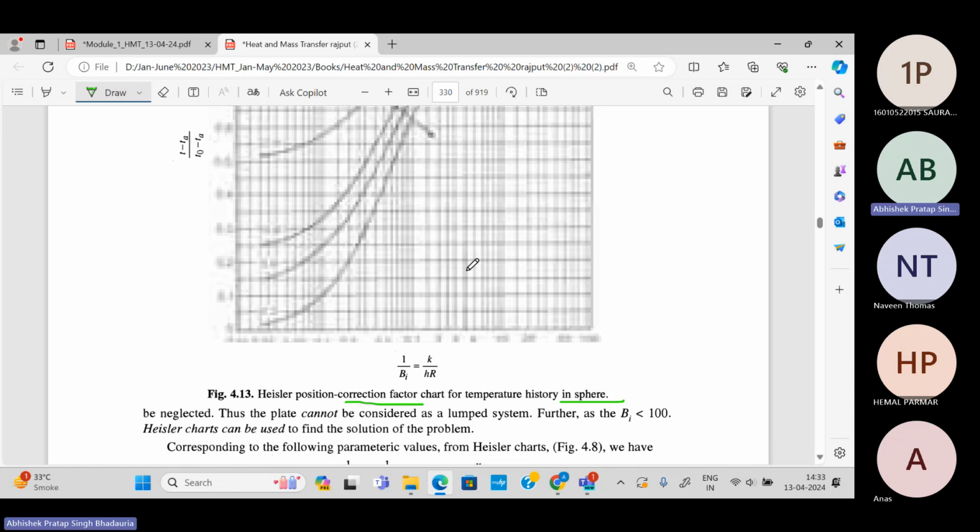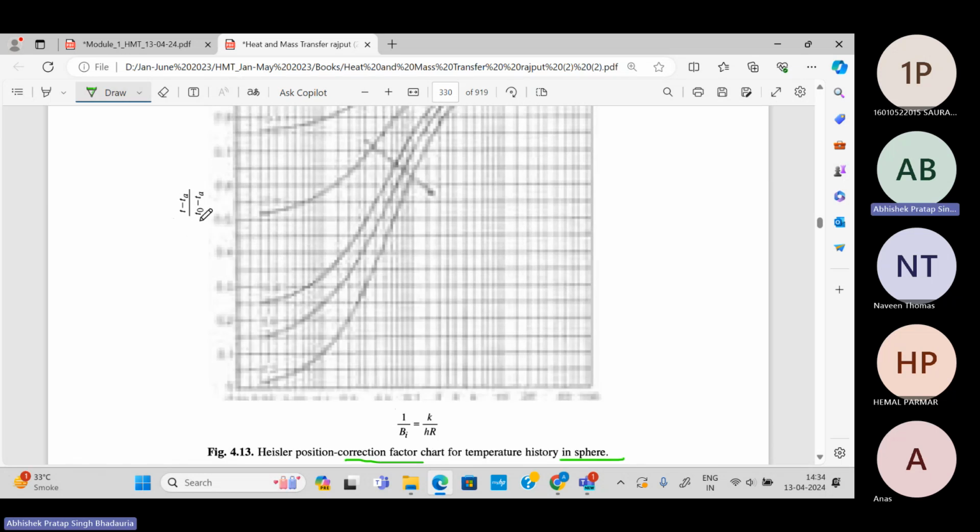We will use the correction factor chart of the particular geometry for which we have to find the temperature at a location other than the midplane, find the correction factor from the chart, and multiply that correction factor with the temperature distribution that we have already determined from the Heisler chart. Else we will find the T naught value from the Heisler chart, that is the center line or midplane temperature, and then find the correction factor. That is this expression, and we will put the value of T naught in that expression itself. So in this way, we can directly find the value of T. This is the way for solving the problem.